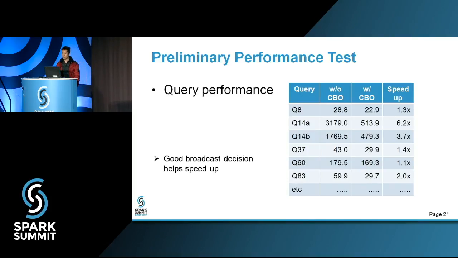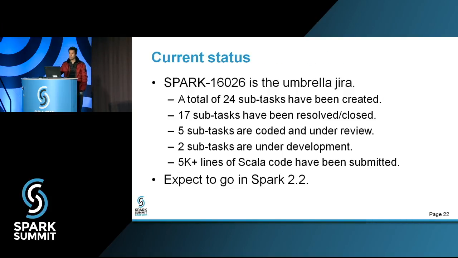From the results, we can see that good broadcast decision can bring us 10% to 6 times speed up. As we are still developing and contributing to Spark, we will share with you more information and more results in the future.